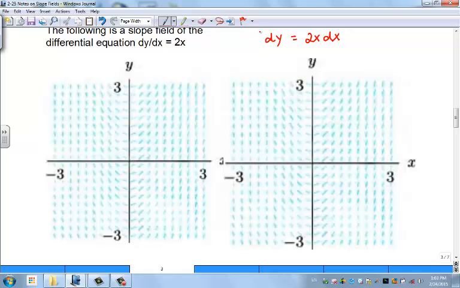And then when I integrate both sides, check it out. I get y equals x squared plus c. Well, if you look at these slope fields, check it out. We've got a bunch of parabolas. You see them? These slope fields are all different parabolas.